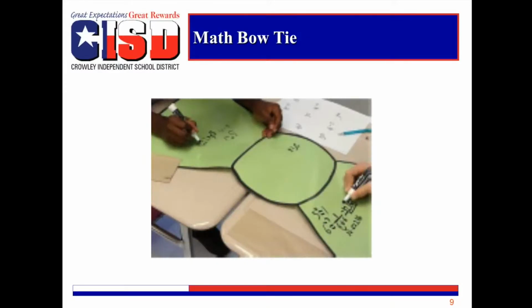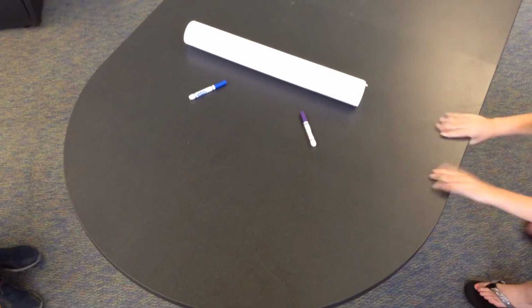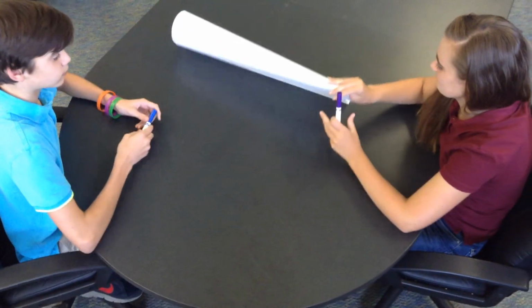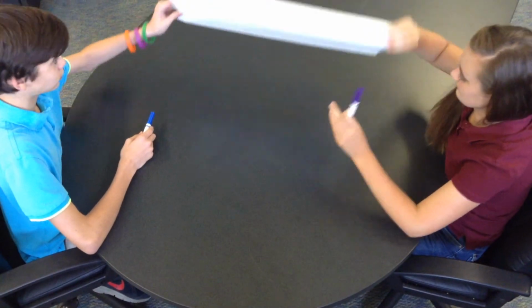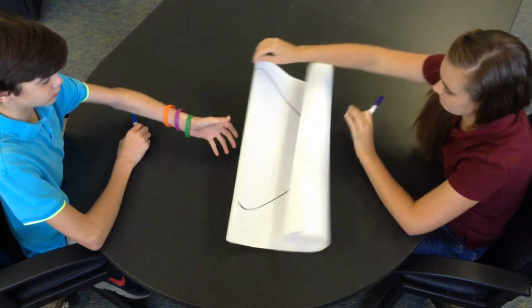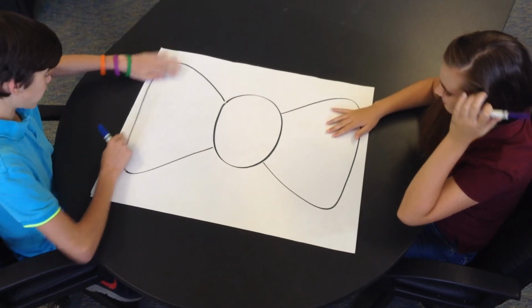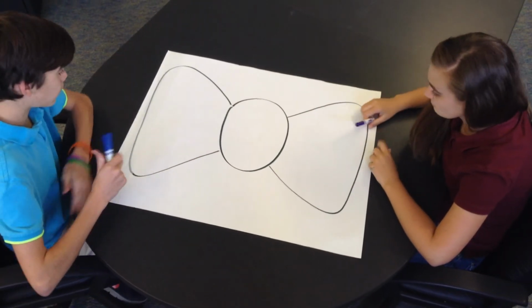Here is an example of students using the bow tie method. Working in pairs, students situate their desks so that they are facing each other. On chart paper, each pair draws the outline of a bow tie. Teachers can also prepare this in advance and laminate it for future use.